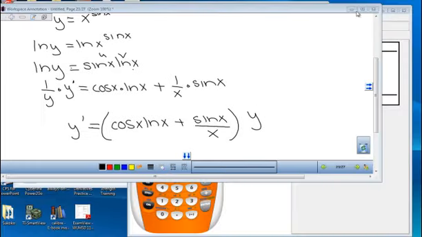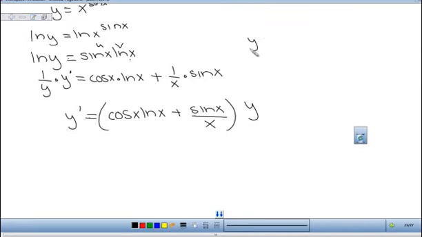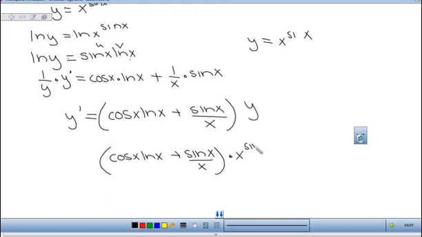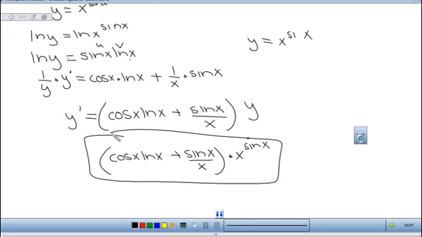Y is equal to x to the sine of x. So we have y prime equals x to the sine x times cosine x ln x plus sine of x over x. We could also find common denominators, make this a little bit simpler, but that's fine, we can leave it this way.